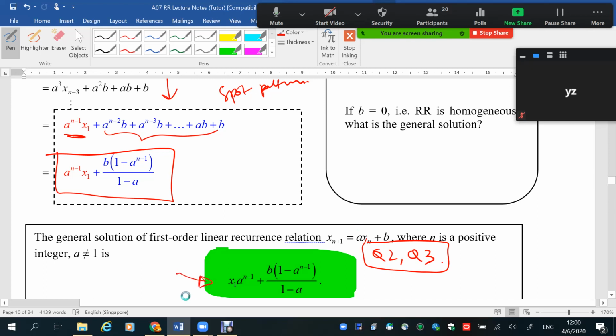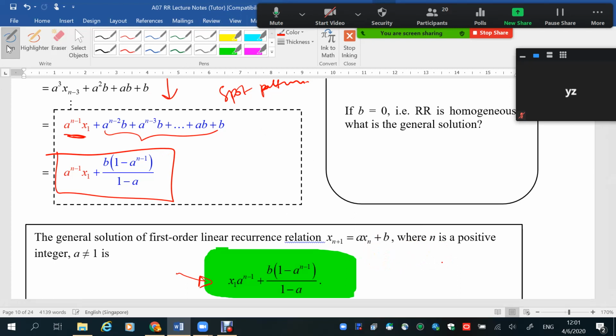But I will never recommend this because nobody can remember this formula in the exam. But if you can memorize this, and such a question as number 2 and question 3 appears in your exam, you write down the answer, I have to give you full marks. Okay, understand? So this is your general solution of any first order recurrence relation in the form of a xn plus b.